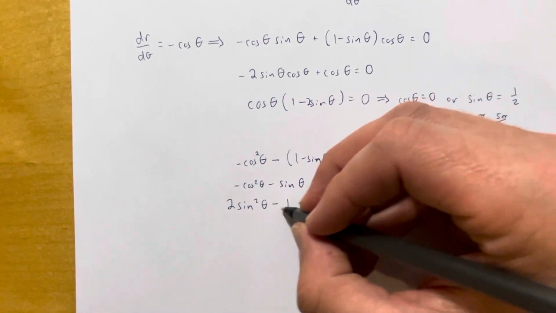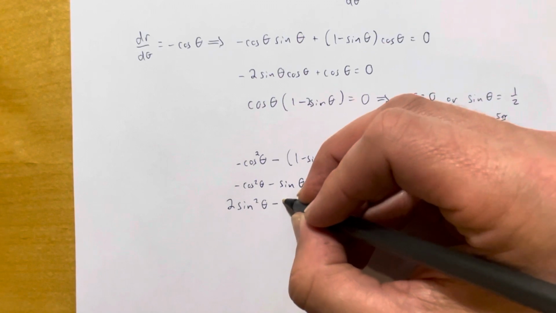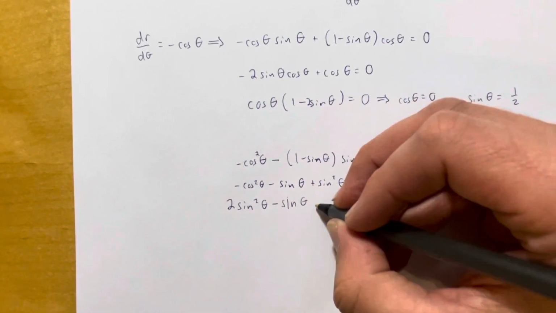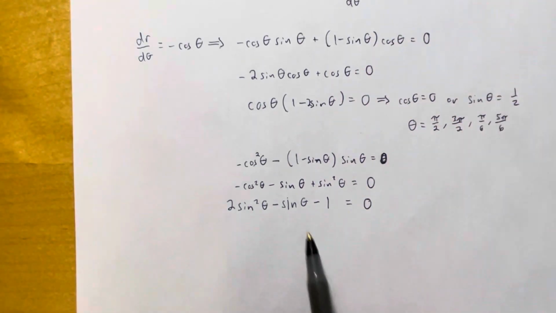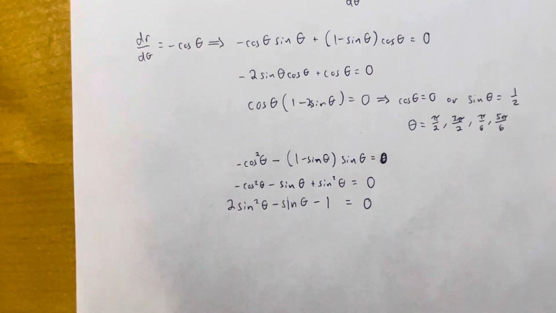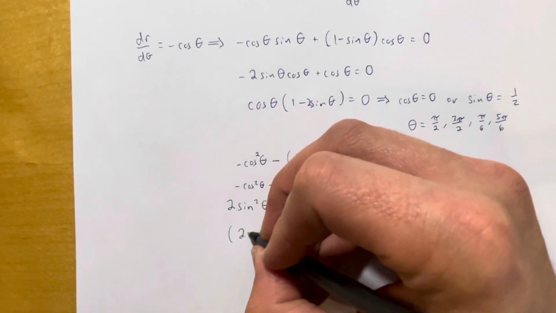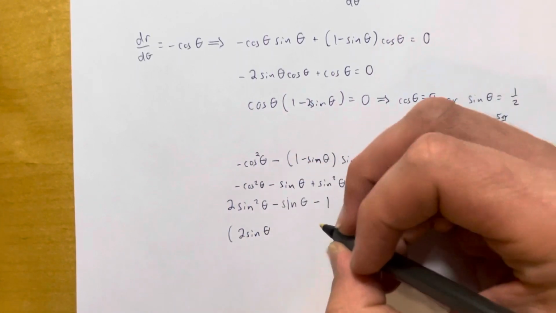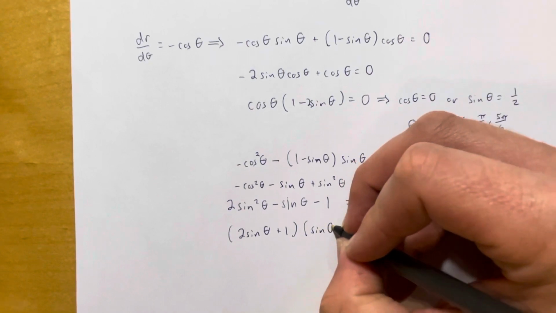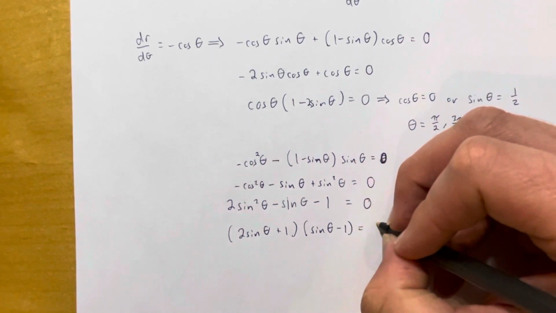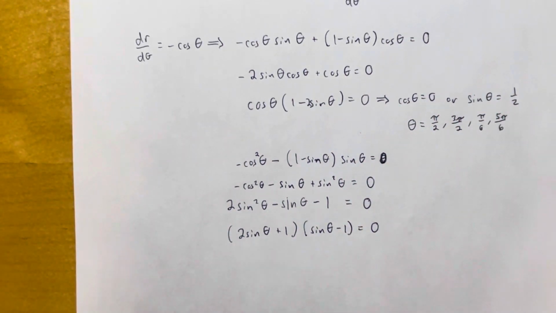My reason for doing that is because now this looks like a quadratic. I can factor it. 2 sine of theta, this would be plus 1 times sine of theta minus 1 equals 0. This is how that would factor.